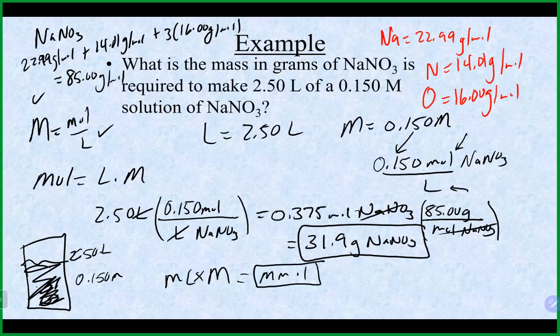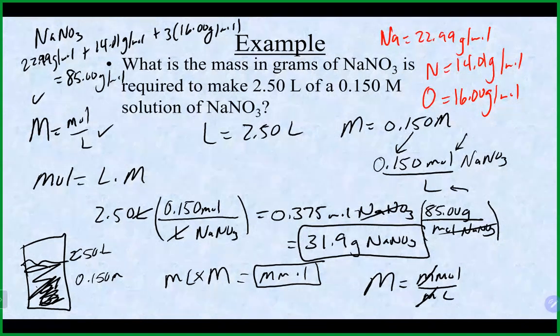If you take milliliters times molarity, you're going to be off by a factor of 1,000, because what you're really calculating is millimoles. Molarity can be thought of as millimoles over milliliters, which means when you cancel out the milli on top and the milli on the bottom, you're back to moles per liter, which is molarity. So you do get something when you multiply molarity by milliliters, but it's not moles, which is probably what you're thinking it is. It is millimoles, which means you're off by that factor of 1,000.